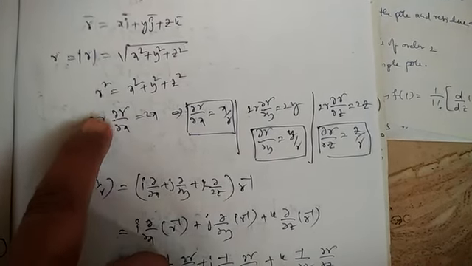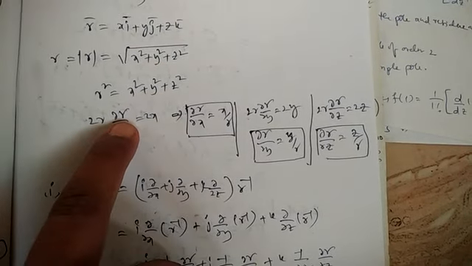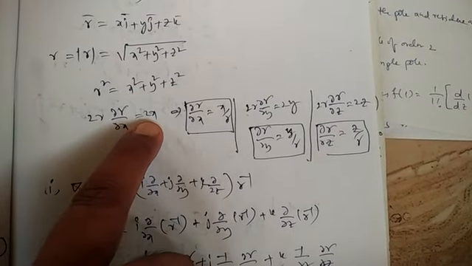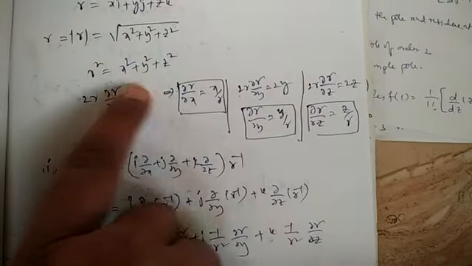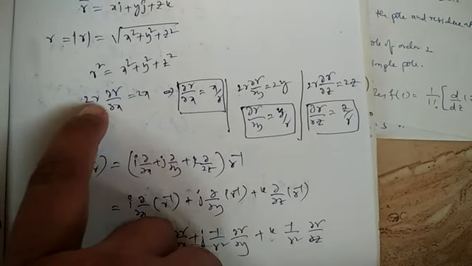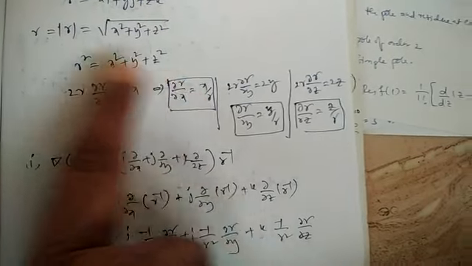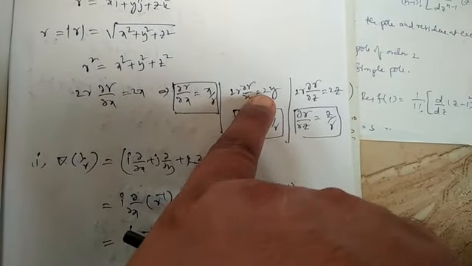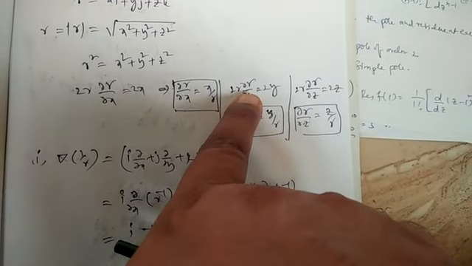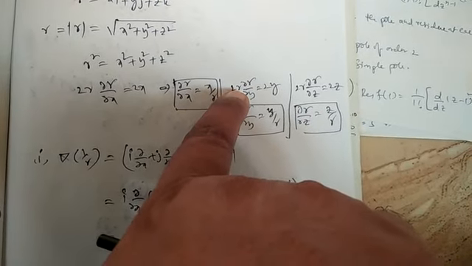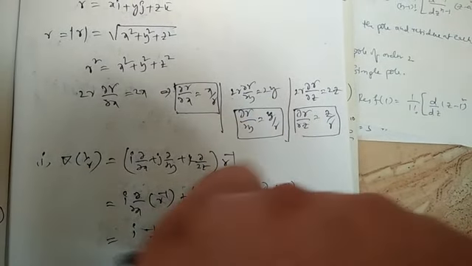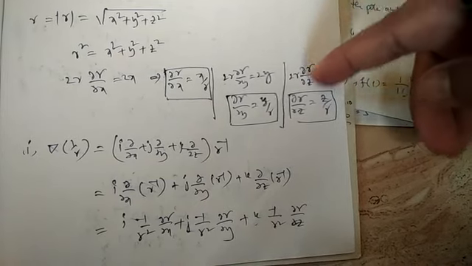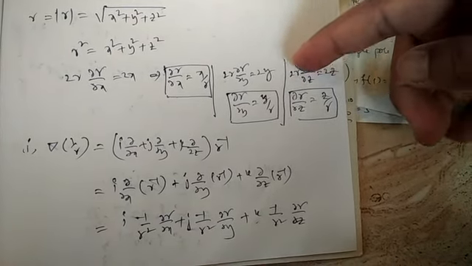In r we have x, y, z terms, so 2r ∂r/∂x equals 2x, the 2 cancels, and ∂r/∂x is x/r. Similarly, with respect to y, 2r ∂r/∂y equals 2y, so ∂r/∂y is y/r. With respect to z, 2r ∂r/∂z equals 2z, so ∂r/∂z is z/r.